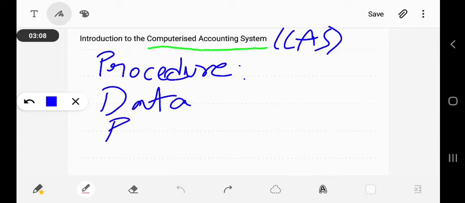And the next one is people. People are the users.